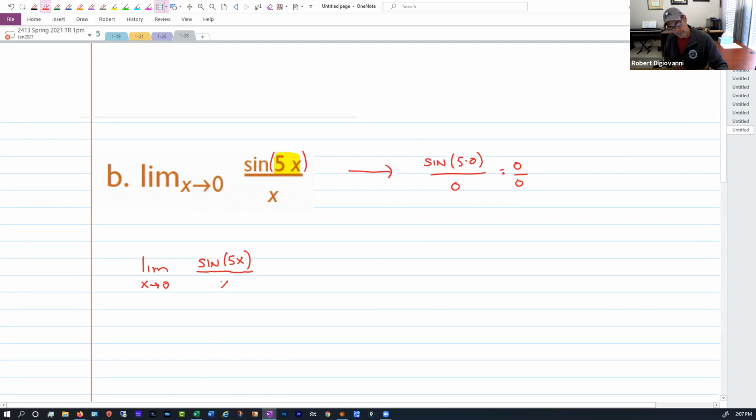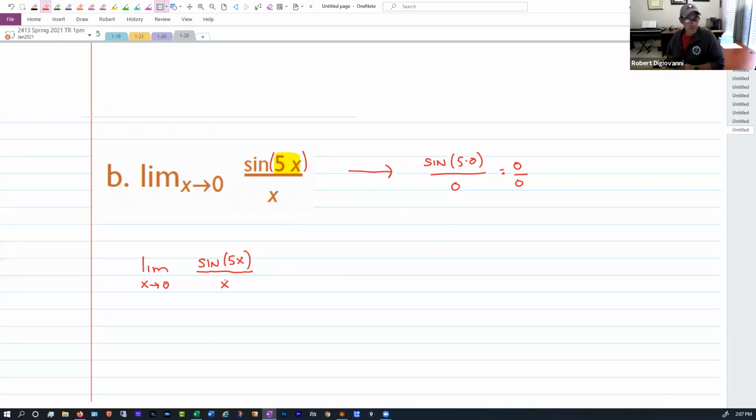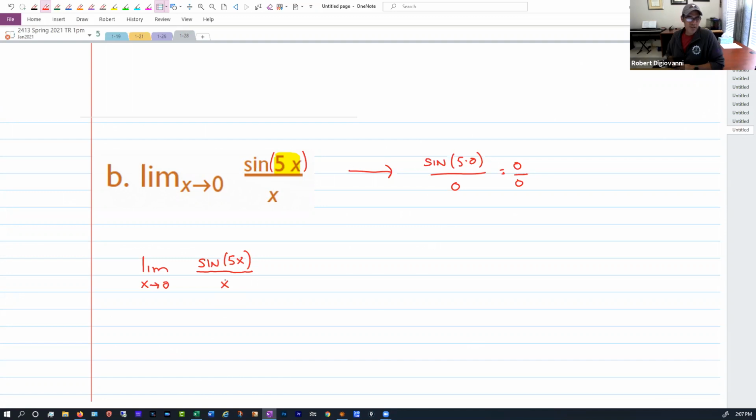So Ryan, can you think of any way that you could force it to be 5x? I want it to be 5x. Can you make that a 5x? Well, you'd have to multiply by what? 5. 5, but you can't just multiply the bottom by 5. You'd have to do what else?